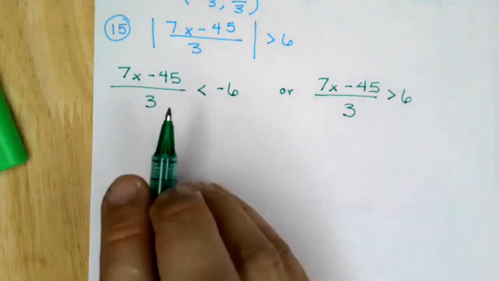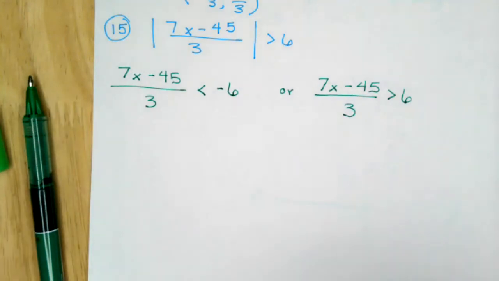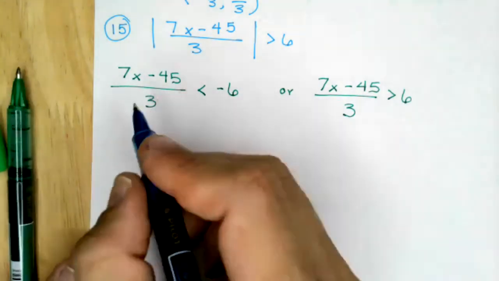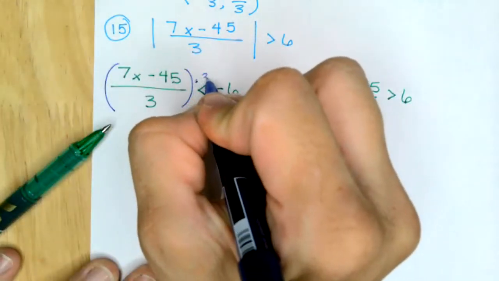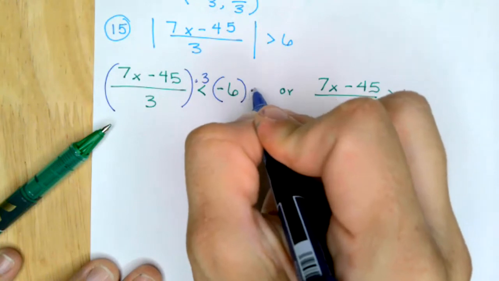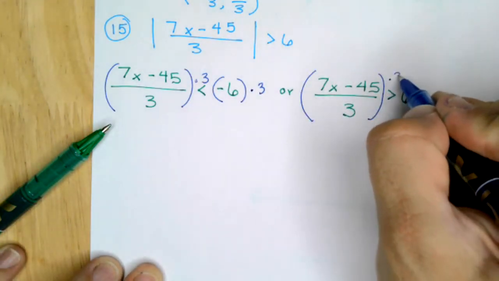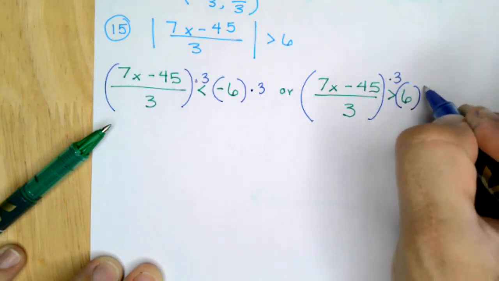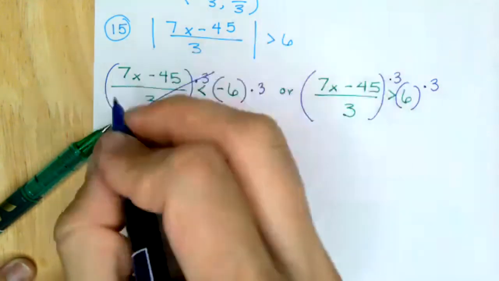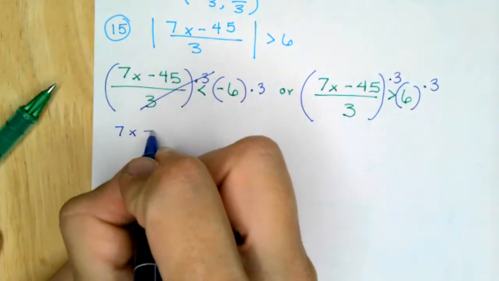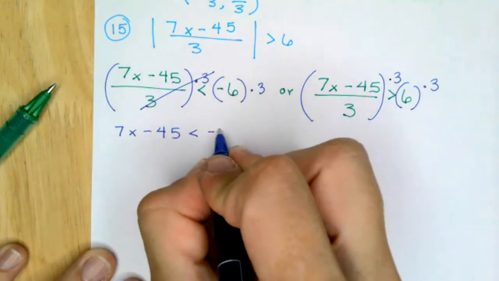And I want to get rid of the fraction, so I'm going to multiply by the least common denominator. The least common denominator is 3. I'm going to multiply everything by 3. That cancels that. I have 7x minus 45 is less than -18.